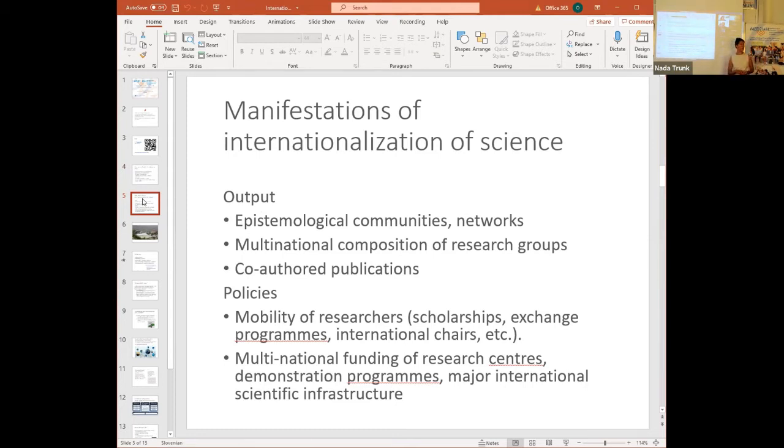But of course, policies are following as well. When we speak of policies to support internationalization, the predominant one is the instrument of mobility. A lot of money goes into allowing people to move.